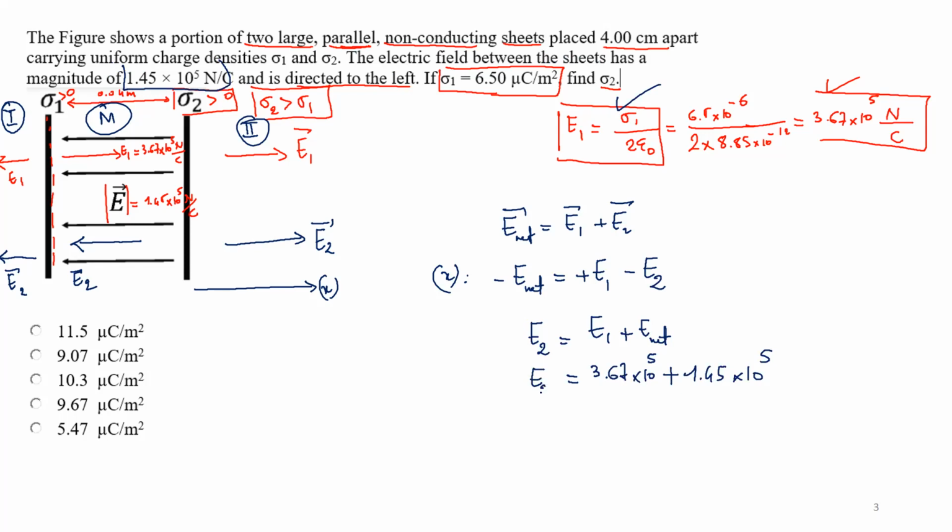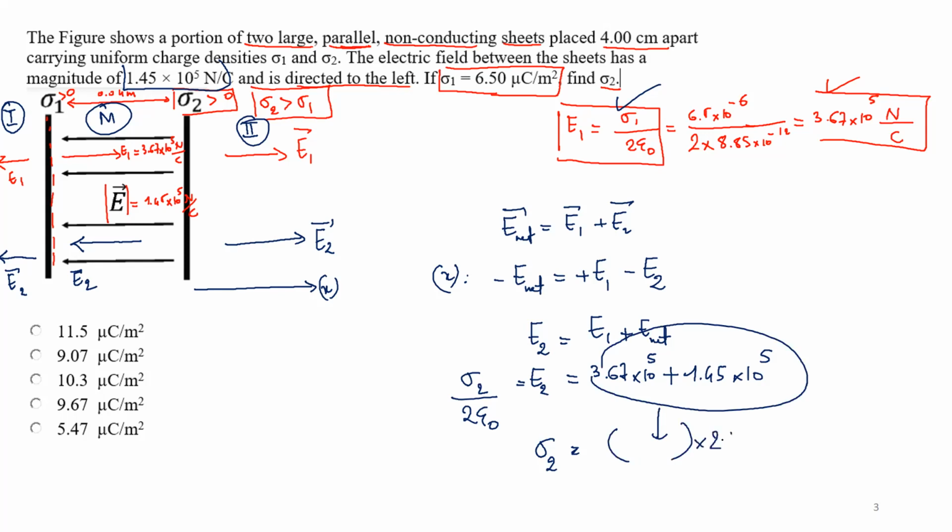But remember, E2, of course, will be equal to sigma 2 divided by 2 times epsilon naught. So now I know my sigma 2. Sigma 2 will be just this number here, and I multiply by 2 epsilon naught.